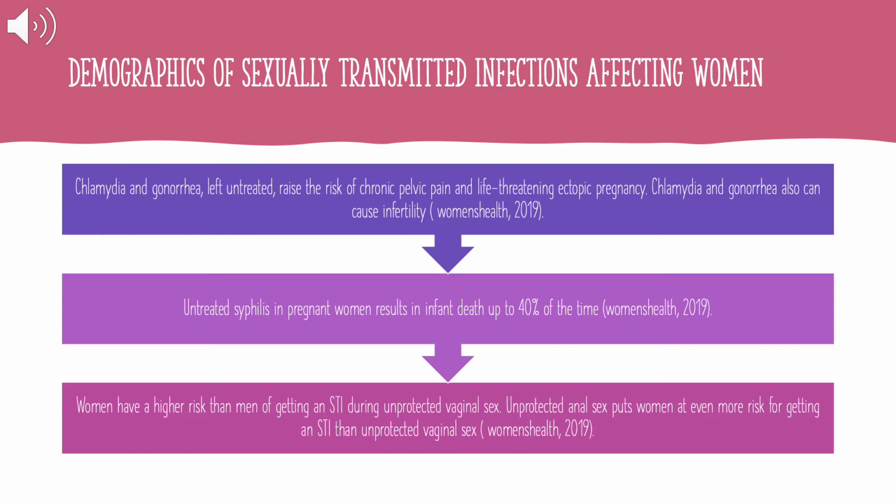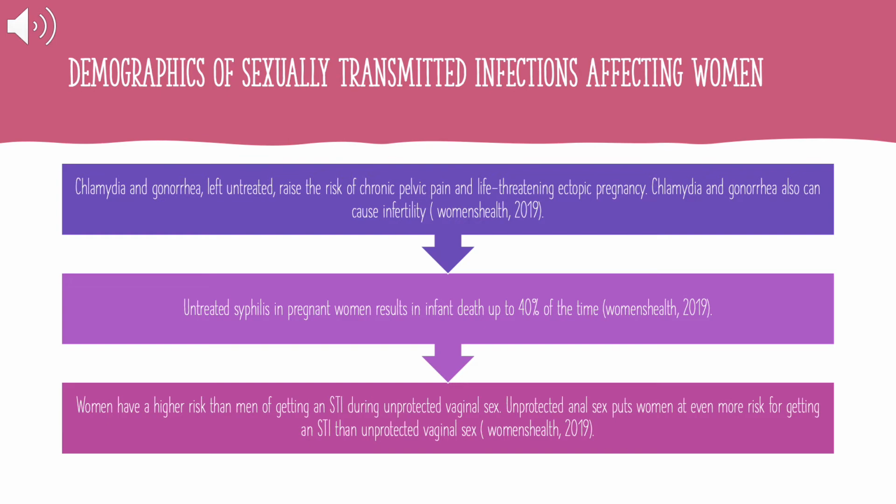And women have a higher risk than men of getting an STI during unprotected vaginal sex. The reason for this is because men, their penis is covered. I mean, there's only really a little hole in the tip, but it's all skin.